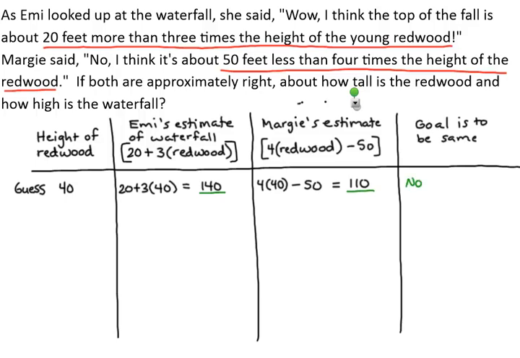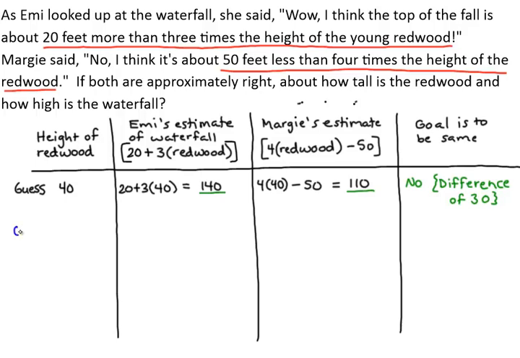They're not the same, and so we have a difference of 30. Okay, so basically what we have to do now is determine, do I go up? Do I go down? So I'm just going to make another guess.